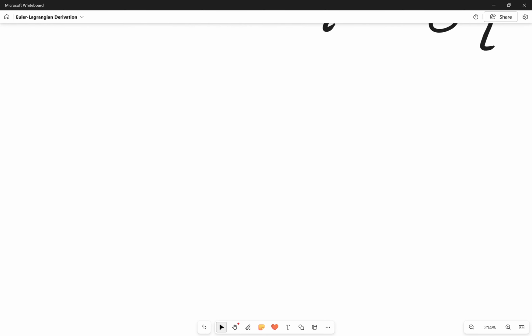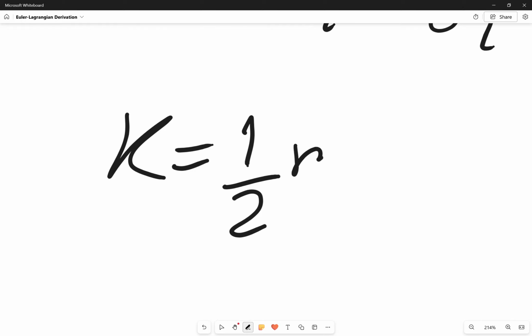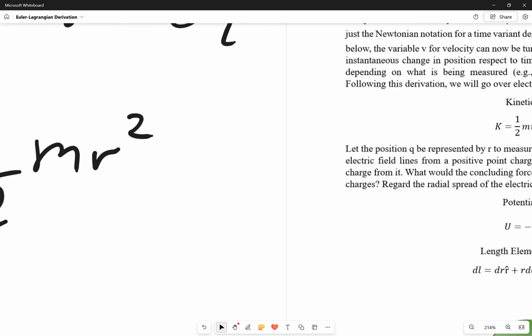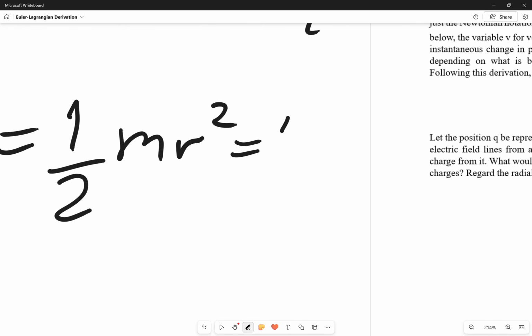We understand that the kinetic energy is equal to half times m v squared. Now, as seen right here, since q dot also represents the velocity, we can make it half times m q dot squared.